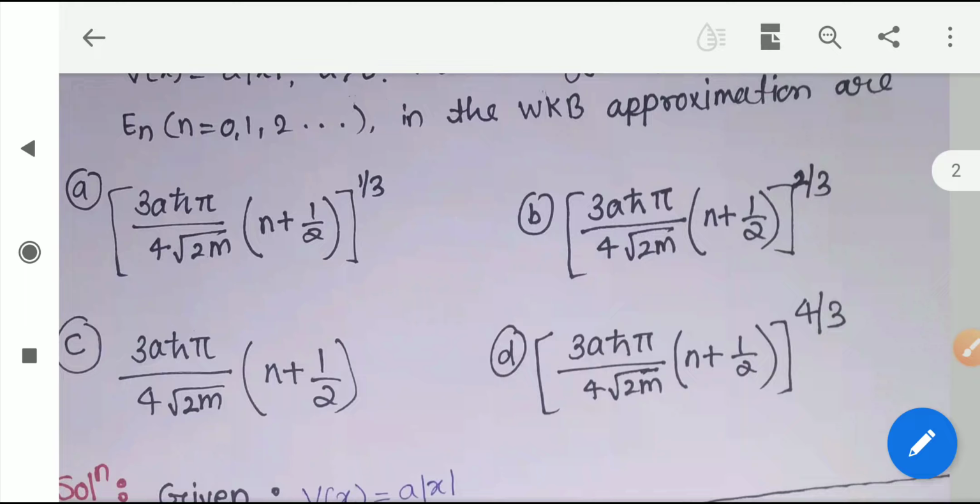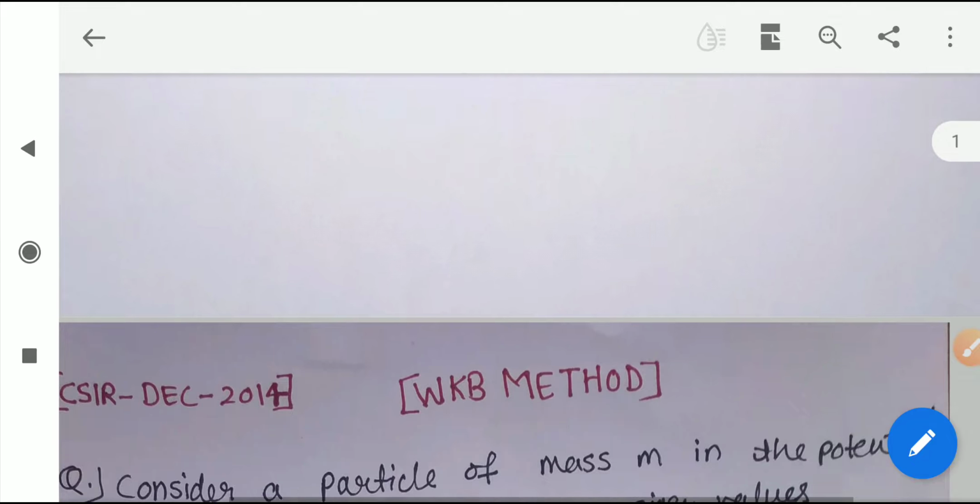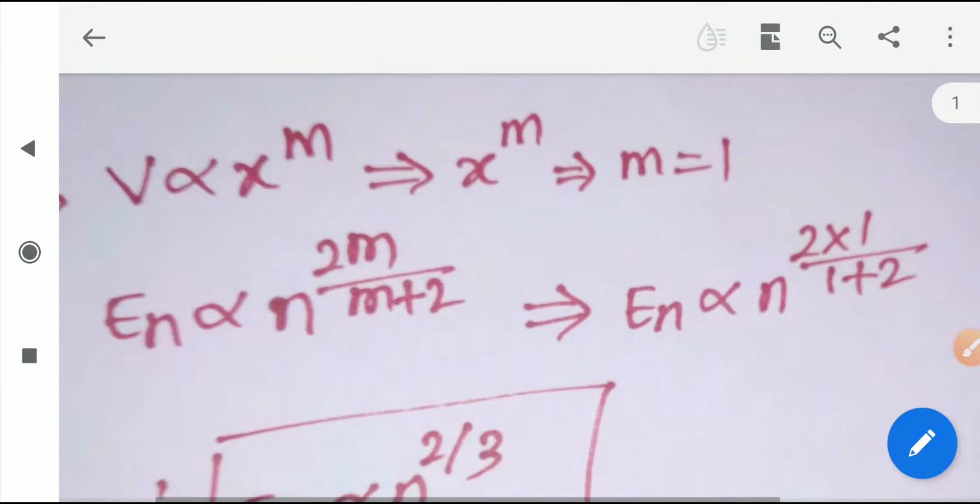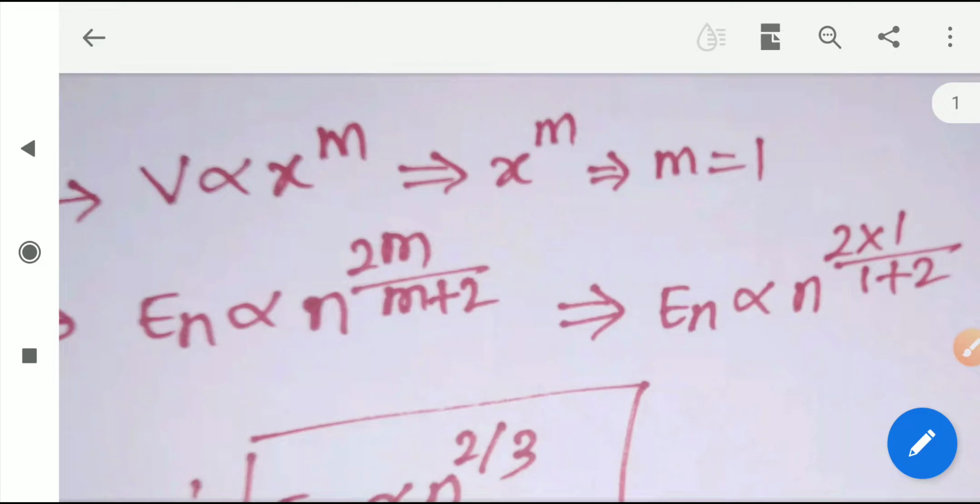For the trick method, we have to remember these two equations. First, V directly proportional to x raised to m, and second, En directly proportional to n raised to 2m upon m plus 2.